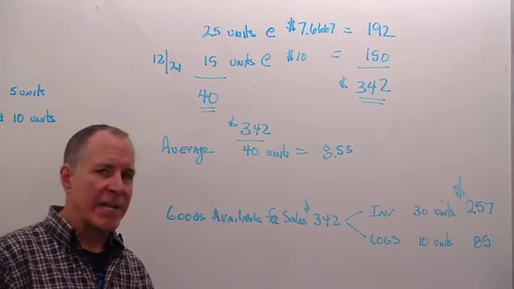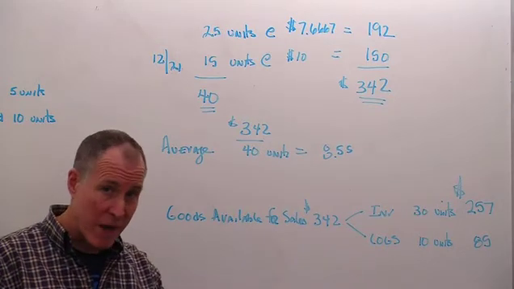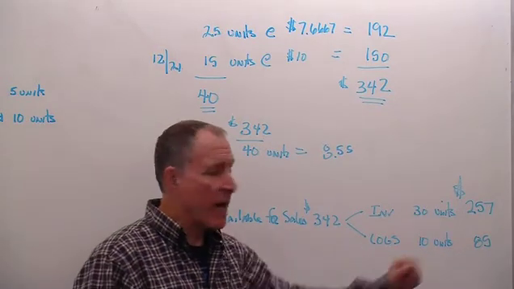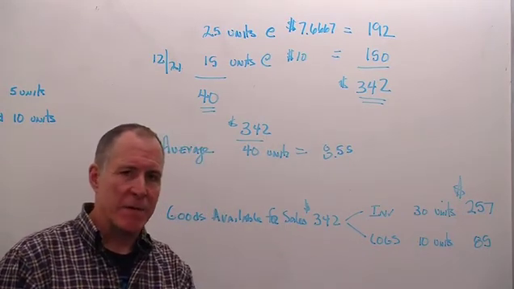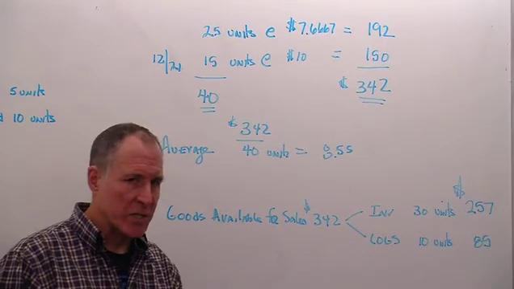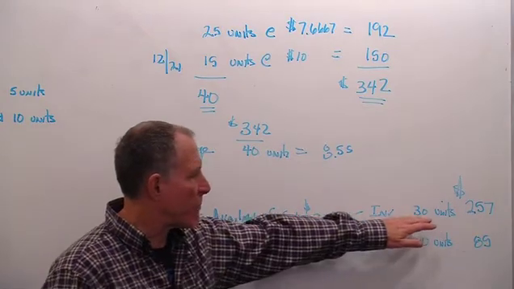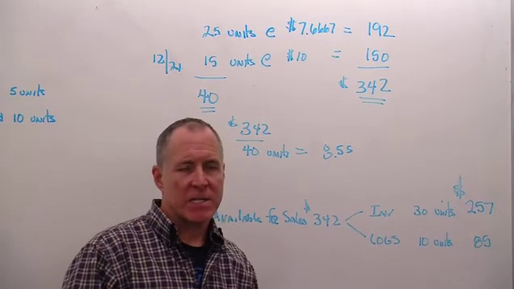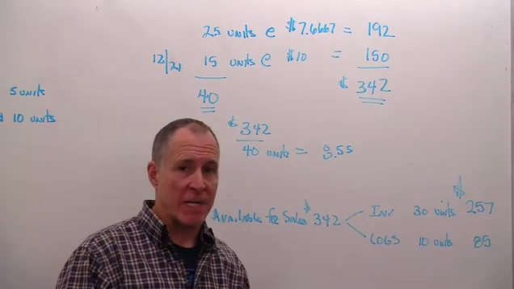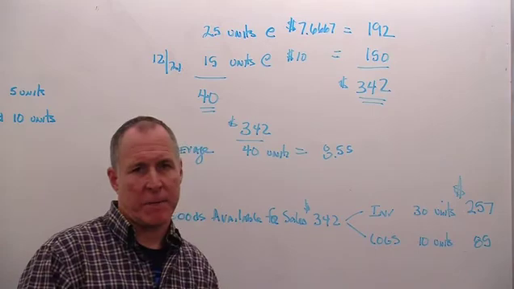I recognize that's $85.50, but I have rounded to $85. The units that I have left at the end of the period of time, which are 30 units, those 30 units are priced out at $8.55, and that's $257. Again, it's rounded just a little bit.